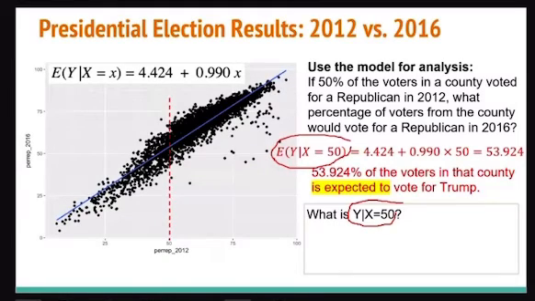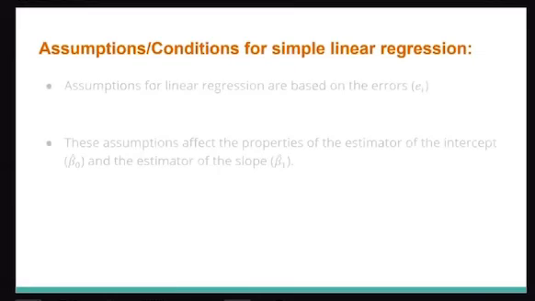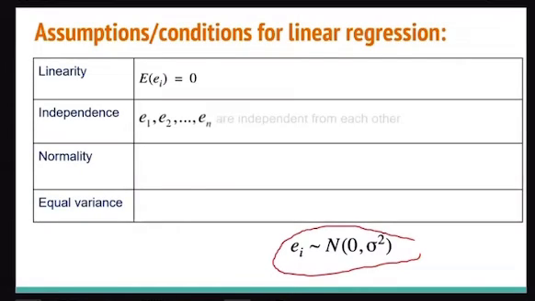If in 2012, 50% of a particular county voted for a Republican candidate, then you want to figure out what the percentage of votes would be in 2016 for that particular county. So this one varies because it goes across counties. But the first one is the average. Average doesn't vary, but this one varies, right? Then we need to talk about the distribution of that. Why do I need to talk about distribution? Because it varies, I need a distribution. That's what I want to show you right now.